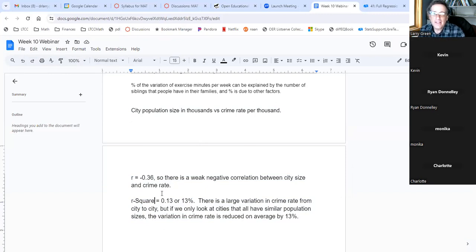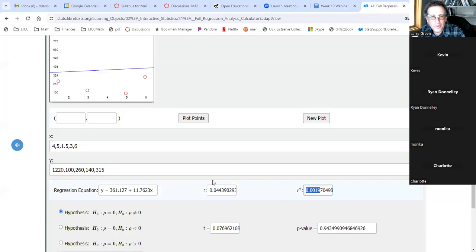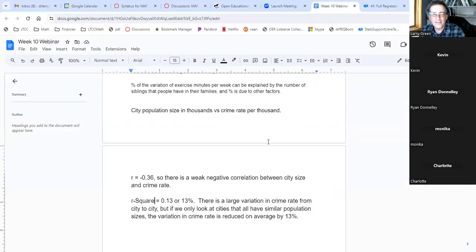Because remember that to be a strong correlation, you're either close to -1 or close to 1. To be weak, it means you're close to 0. And 0.36 is somewhat close to 0. It's not like the 0.002, which is super close. Or actually it wasn't 0.002, it was 0.04, which is really close to 0. So negative 0.36 is still weak. Okay, R squared is the square of 0.36, which, rounded to 2 decimal places, is 0.13 or 13%. Any questions so far?